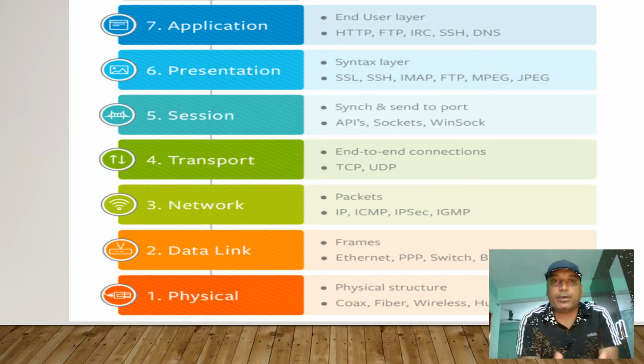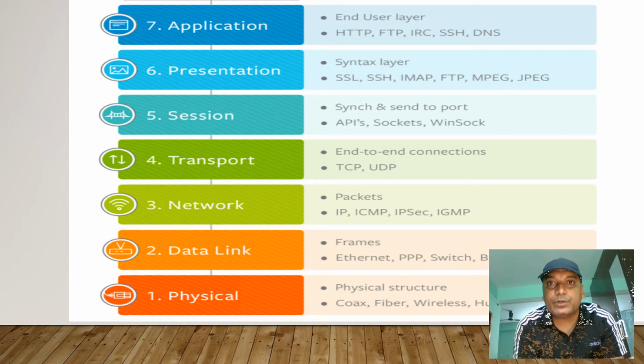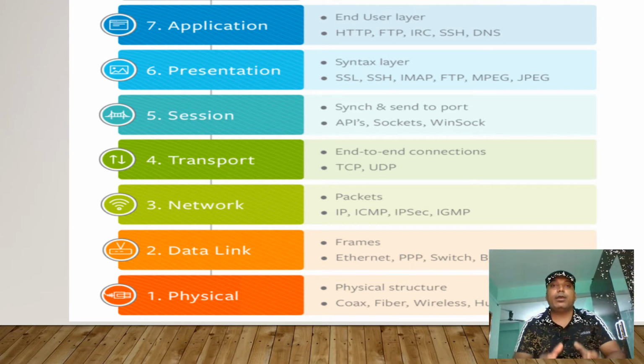This is the work of the application layer, layer 7, whatever we are using here, like a browser or Outlook, where we are writing something. FTP also works on the application layer. So you understand now that whatever we are doing on a computer, using a browser or some application, it works on the application layer. It is the function of the application layer.